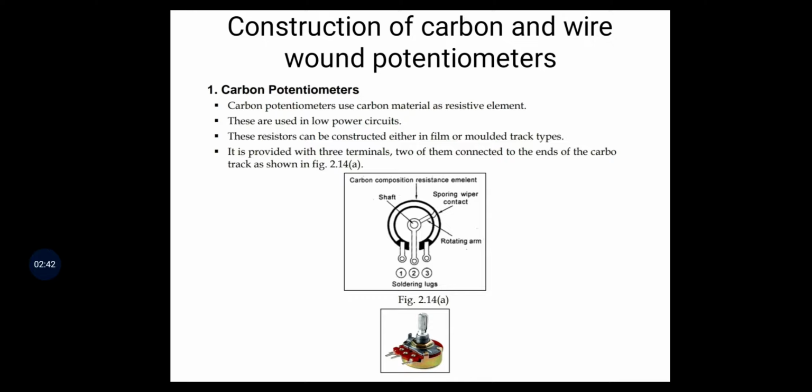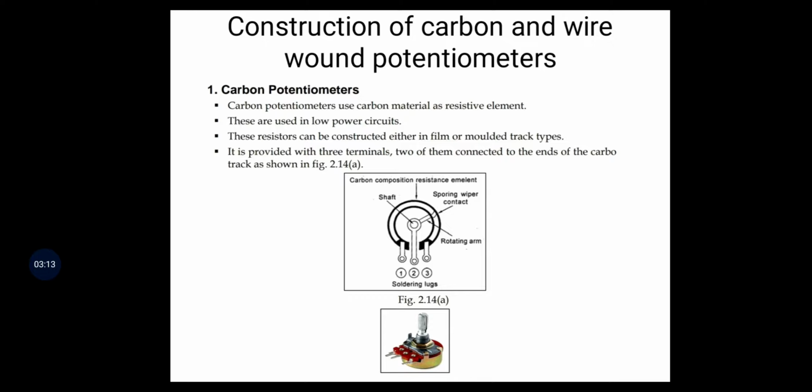Two of them are connected to the ends of the carbon track. Here 3 terminals are there: 2 terminals are connected to the carbon composition resistance element, and 1 terminal is connected to the shaft.